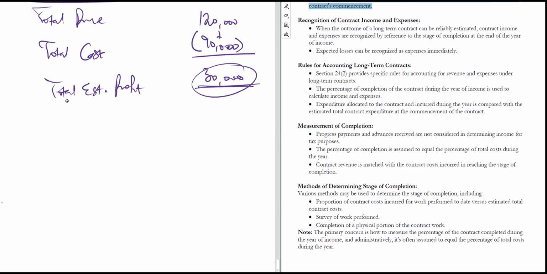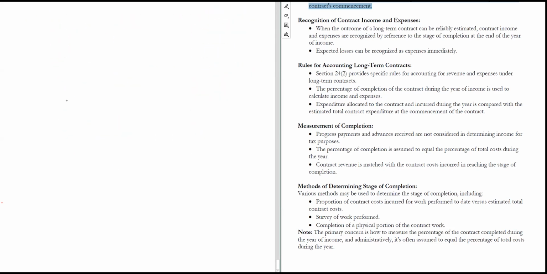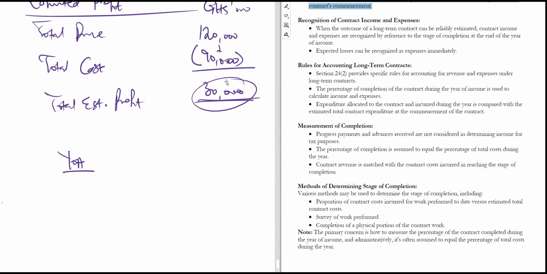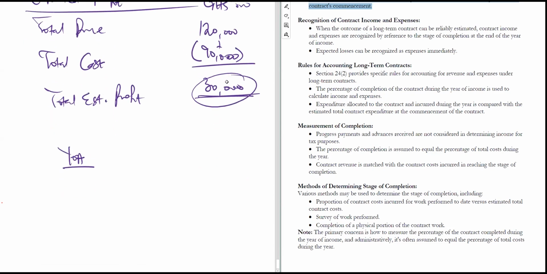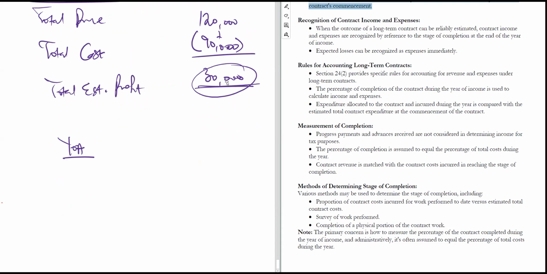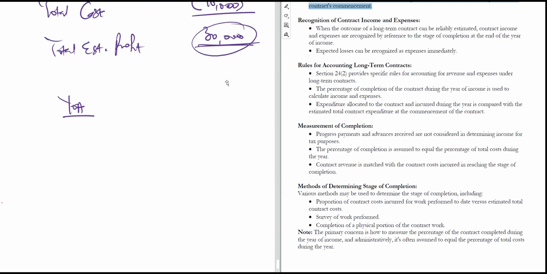So let's recognize our profits in the year of assessment. If this contract was a 3-year contract, it means that every year a different cost will be incurred and a different profit.